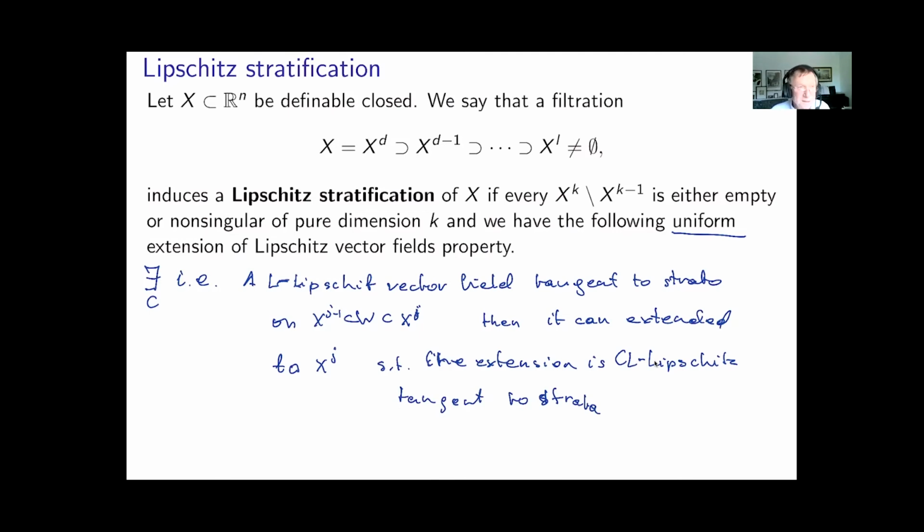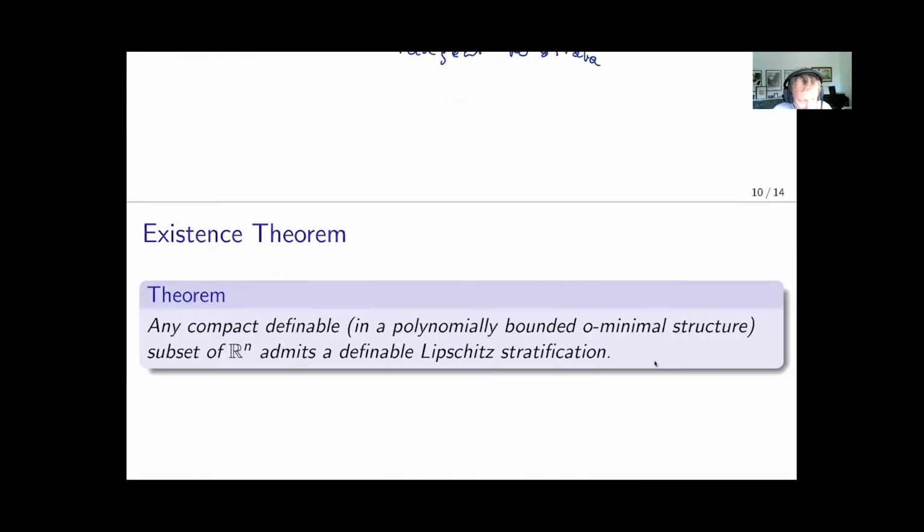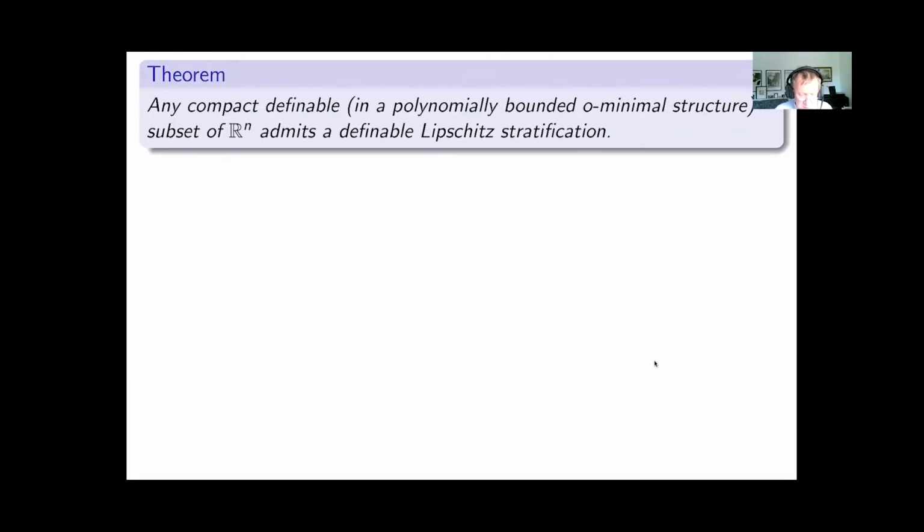You see that the conditions are in a way definable, because from here not. But this is more convenient for the proofs, and the proofs go actually this way. This is when you talk about the proofs.